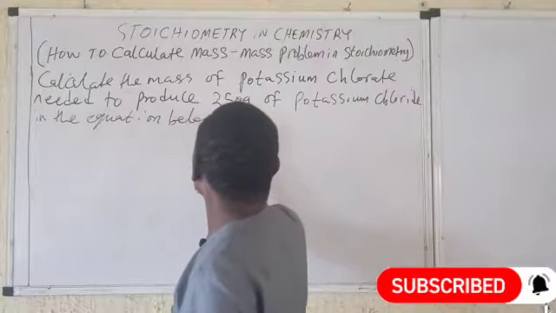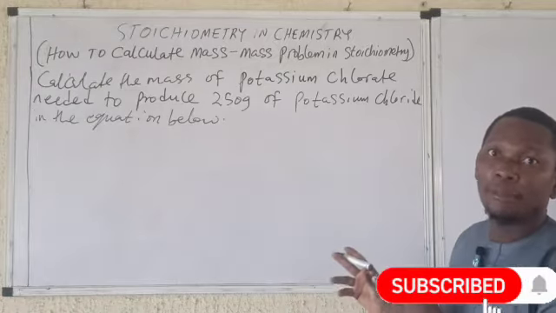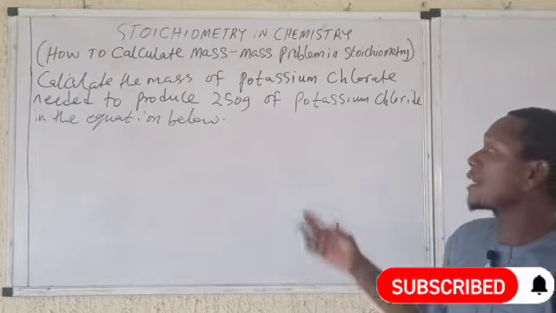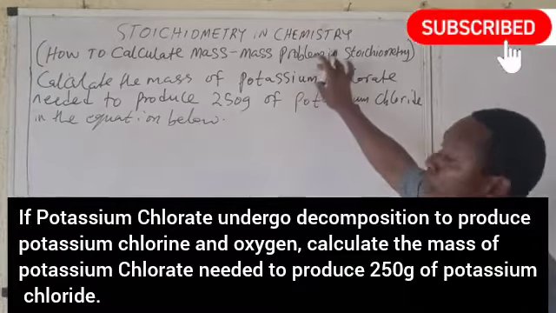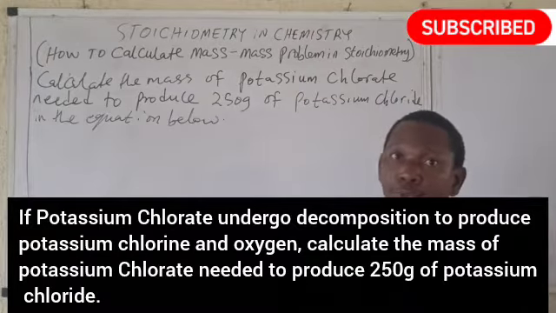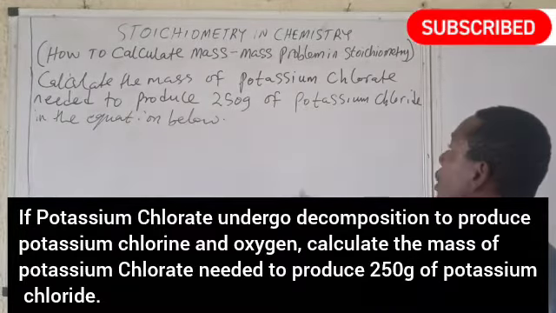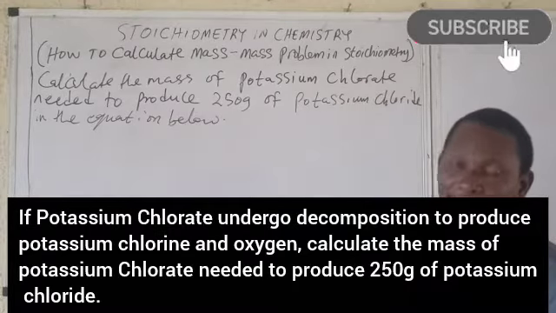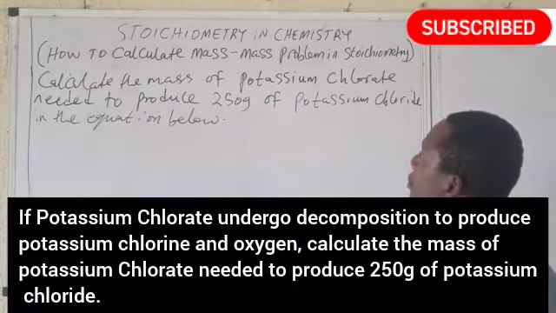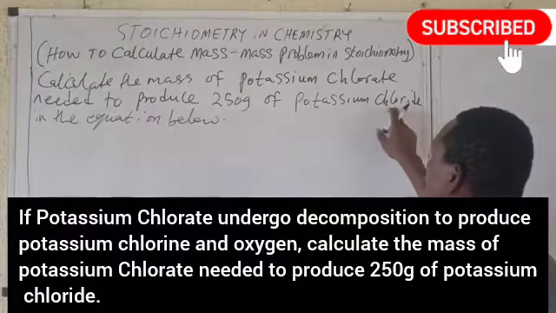Now note, not all questions give you the equation. They can ask you that if potassium chlorate undergoes decomposition to produce potassium chloride and oxygen, calculate the mass of potassium chlorate needed to produce 250 grams of potassium chloride.